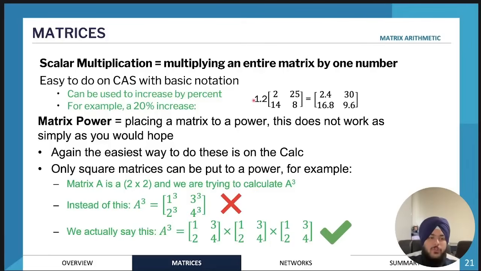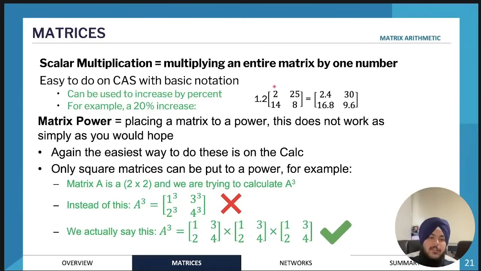And the uses of scalar multiplication are usually financial. So for example, if we have a particular item at a store and we want to mark up the price by 20%, we might use a scalar multiplication. So for example, if we had the prices of the items in a matrix. Like I said, matrices are just another way of representing information.